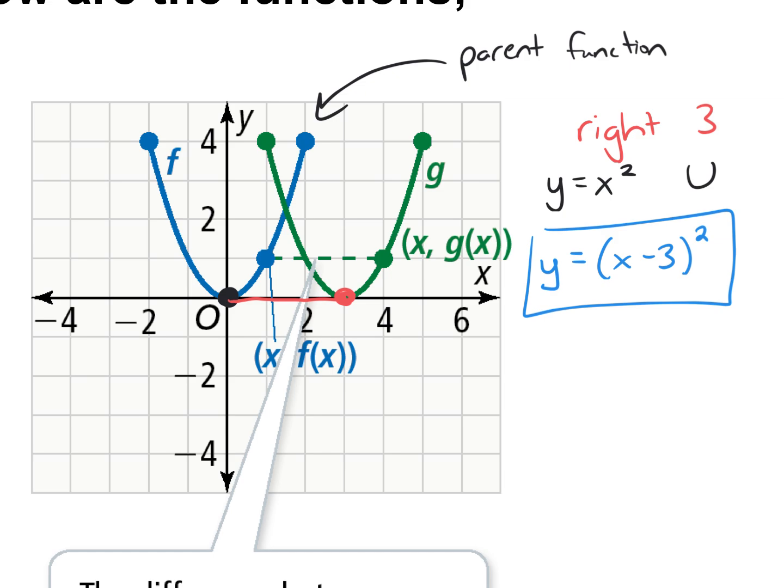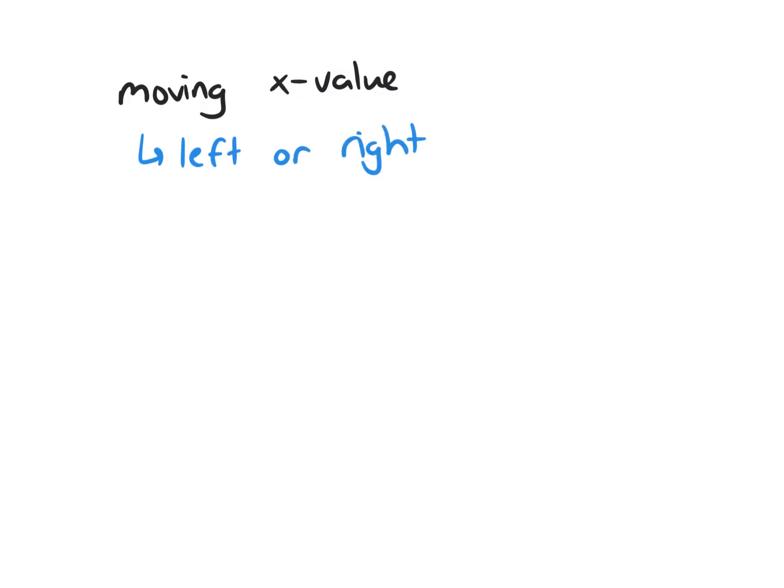Okay. So take some notes off to the side of your example 1 in the margins there. If we are moving the x value, and again, x values go what direction? Left or right. Yep, left or right. So if we are moving left or right, we have to think opposite.